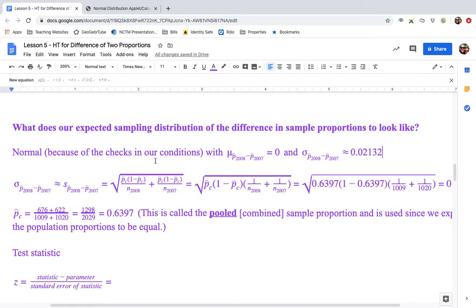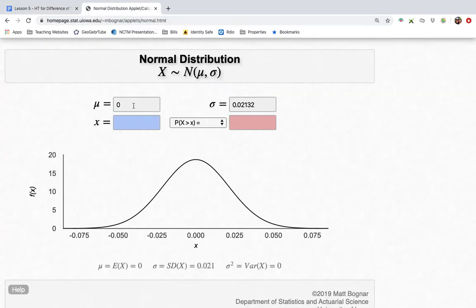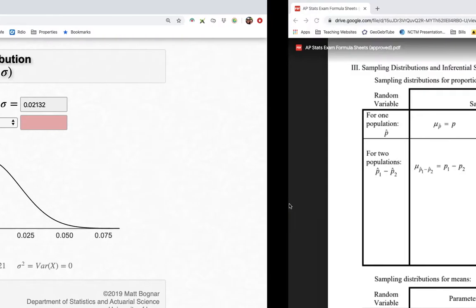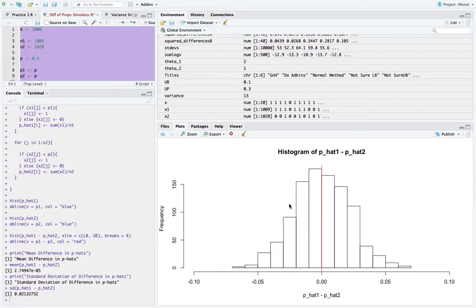And so let's look at what this picture would look like. If I go to my normal distribution and draw this picture, it would have a mean of 0 and the standard deviation that we just calculated, and it would look something like this. This is what we expect our distribution to look like, so you can draw that for yourself. It resembles what we had in our simulation.